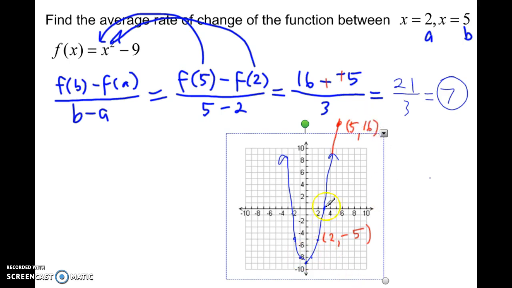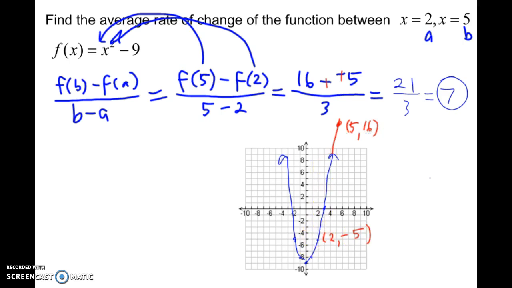And so even though it's curved in there, it's a parabola, it's definitely not straight. If we were to draw a straight line from there to there, that average rate of change is 7. There's a slope of 7 between those 2 points. That's basically what we just found. So I just wanted you to see it a different way graphically, just so you have that perspective.